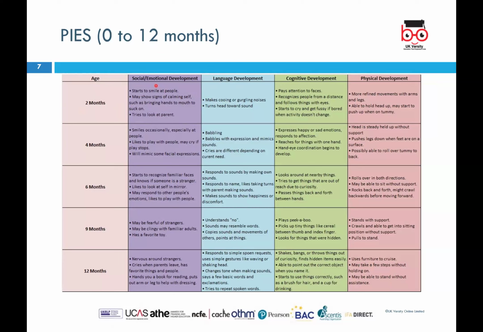Now, I'll just give a brief overview of this. I want you all to take a picture of this because it's a lot. And then we will discuss this tomorrow when we get back to our session. I want each of you to go through what happens at 2 months in the social and emotional development, language, cognitive, and physical development.